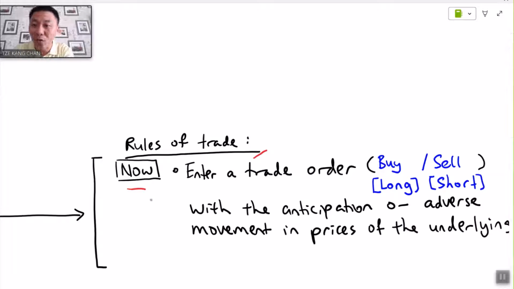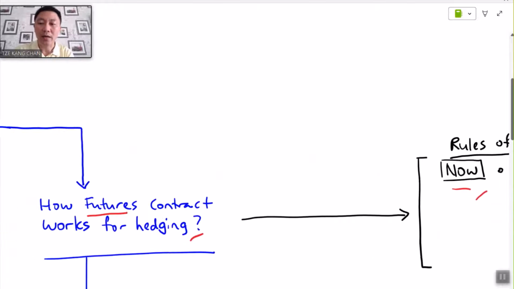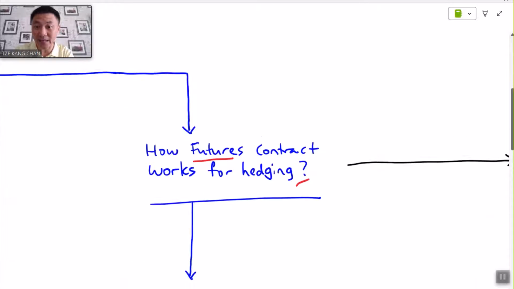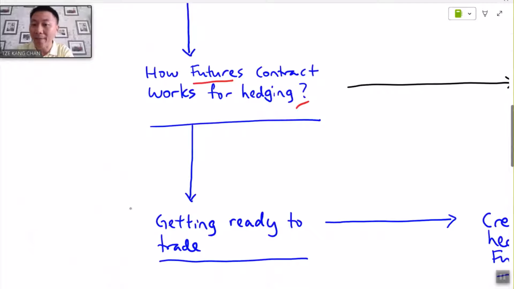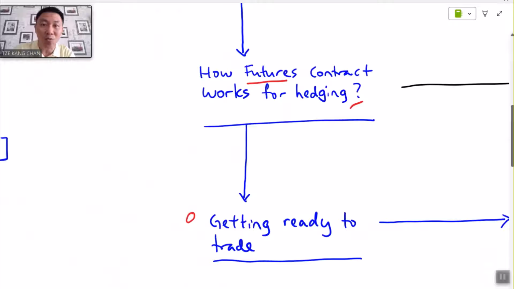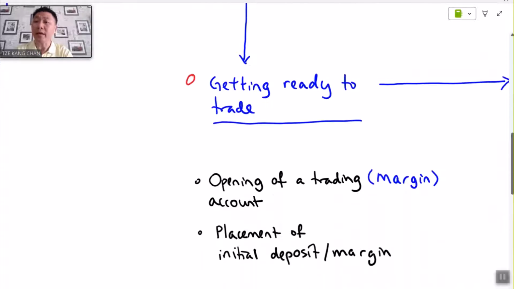Before we get into more details, it is essential for students to be aware how we get ready to trade on the futures contract, being one of the exchange traded derivatives available in the derivative market. Here are the two basic requirements.